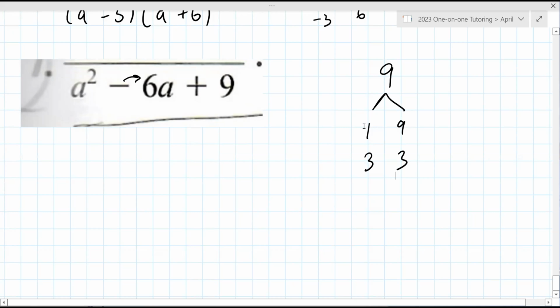Yes, these all multiply to 9, but they don't add to a negative number. So what do you do? Is there any other way to get a positive? Yes, if they're both negative or both positive, you get a positive. So now do any of these add up to negative 6?